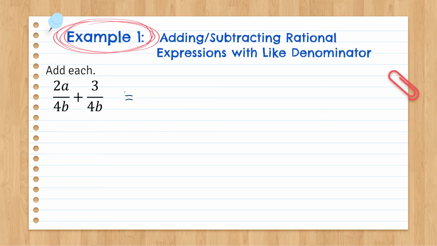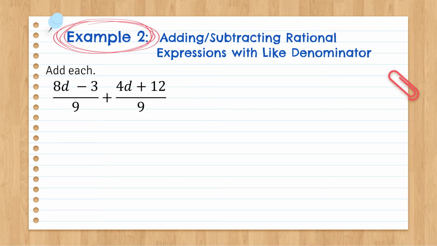In this case, we have 2a plus 3b, and then we have 4b. Since we cannot simplify further 2a and 3, therefore this is our final answer.